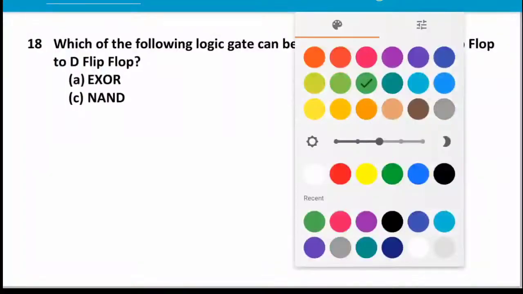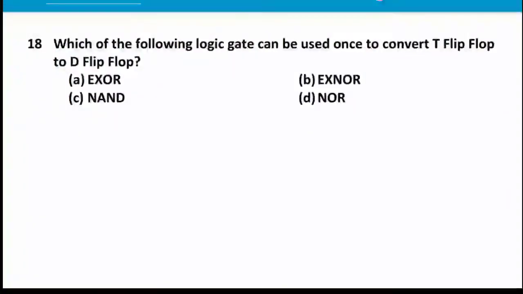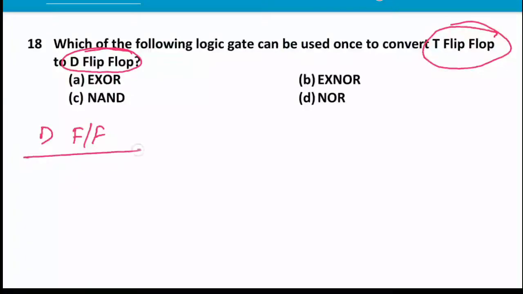Next question, which of the following logic gates can be used once to convert a T flip-flop to a D flip-flop? So here the aim is to convert to a D flip-flop, and what is given? A T flip-flop is in our hand. So we will first define what a D flip-flop is.